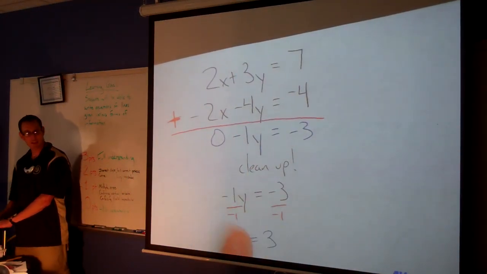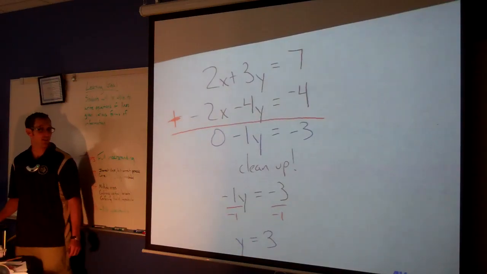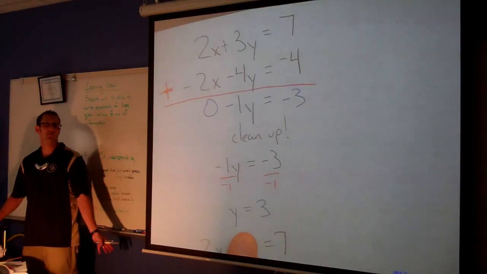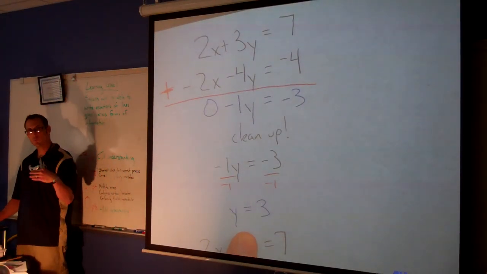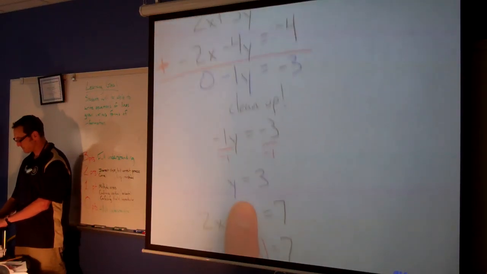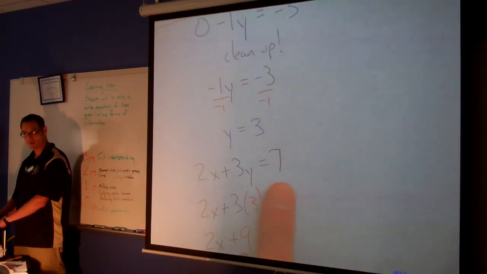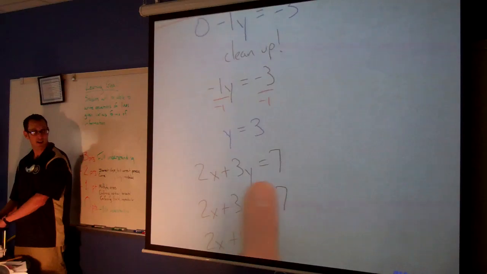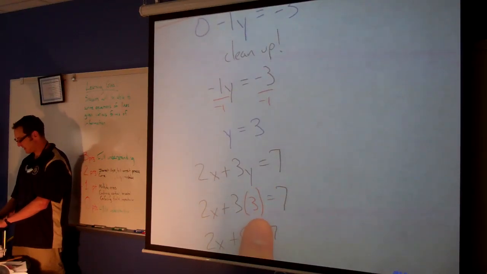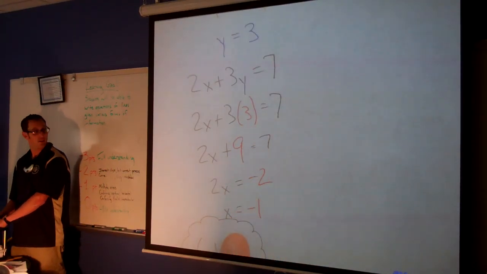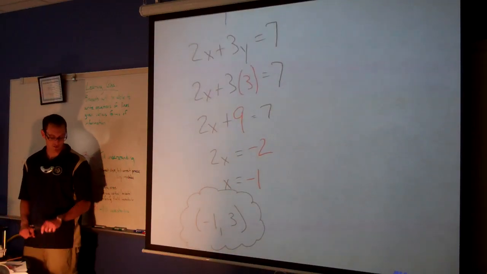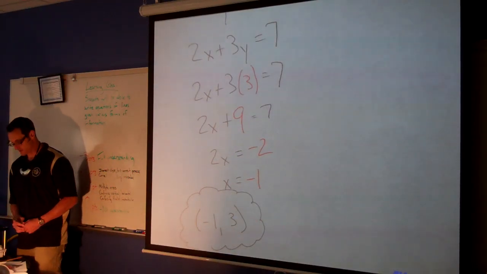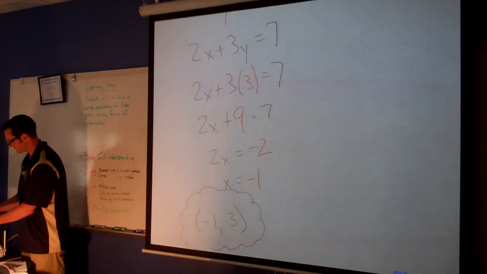We were able to clean things up and solve for y quite easily. Once we solve for y, we continue with the process from the previous lesson, plugging that back into one of the original equations, and then finding out what the value of x is. And that gives us our x-coordinate and y-coordinate for where the two lines cross. So let's do another example.